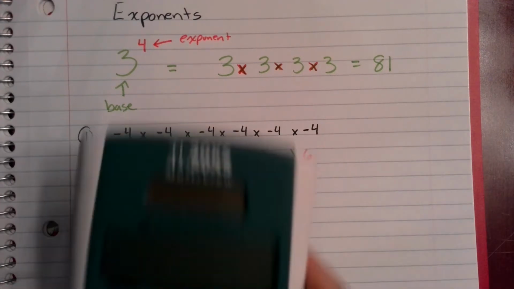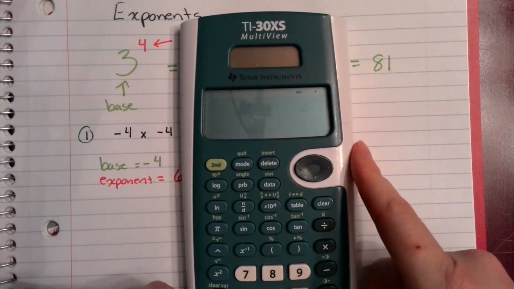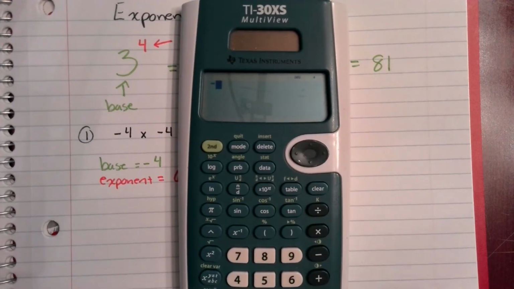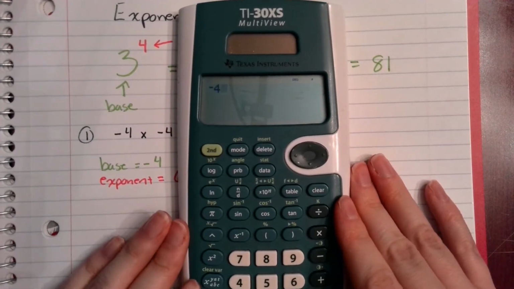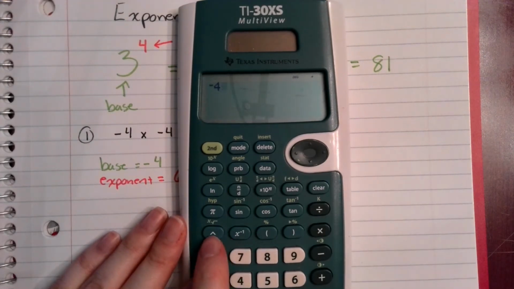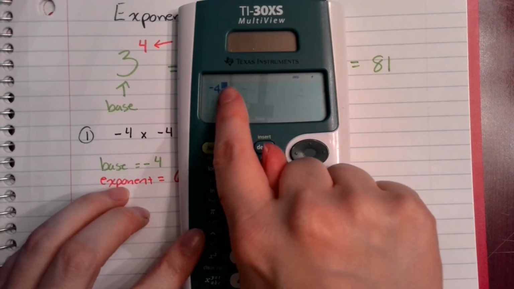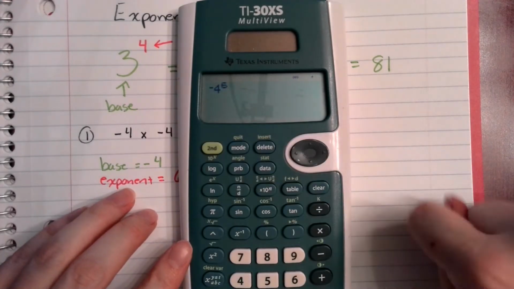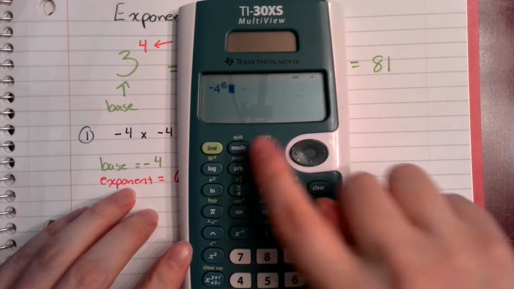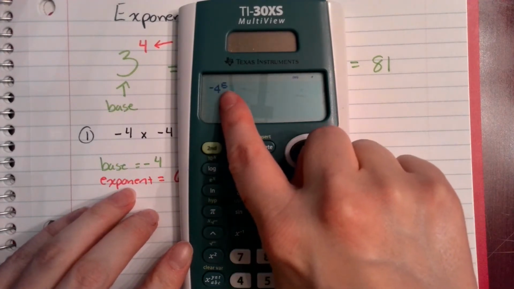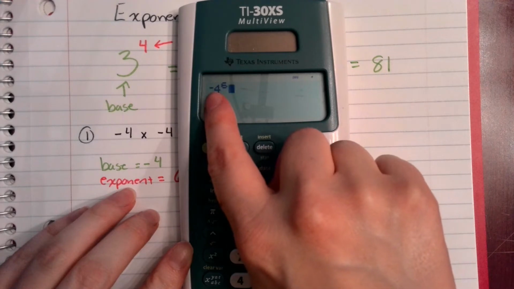Let me show you what I mean with the calculator. I'm going to type -4, and then to get my exponent, you see this little up arrow right here in white? If I press that, it now lets me place an exponent there. And I want to get out of there. So right now I have -4, and the negative is not inside the parentheses.